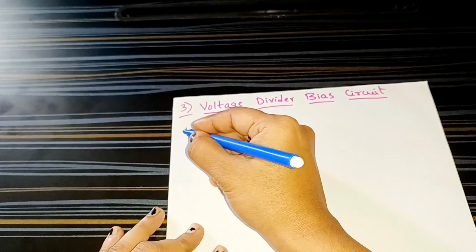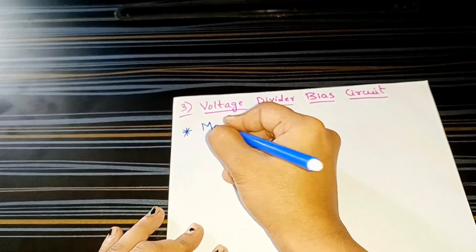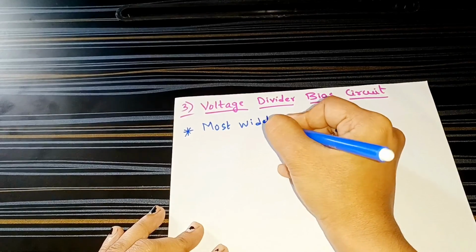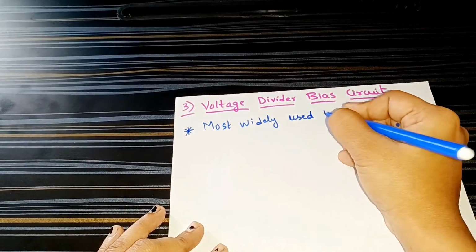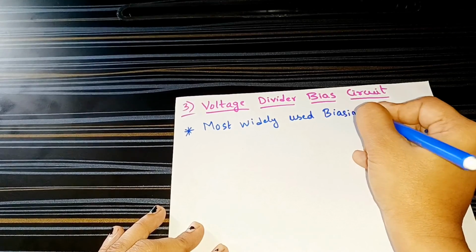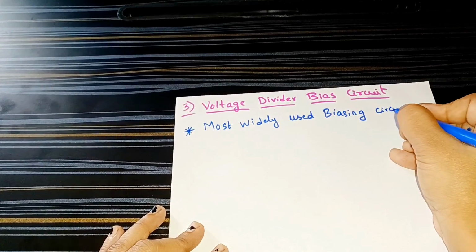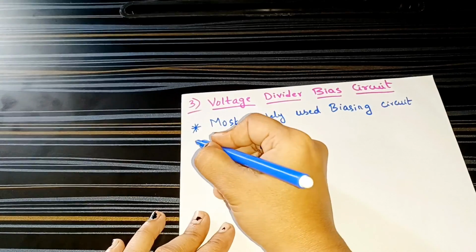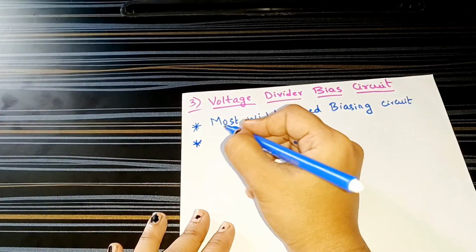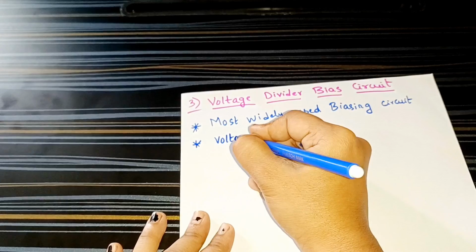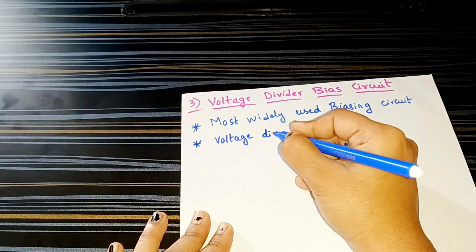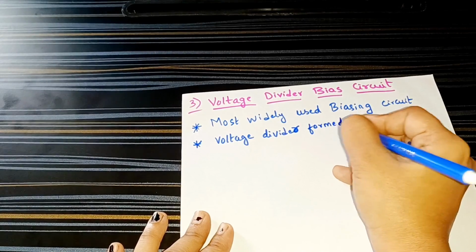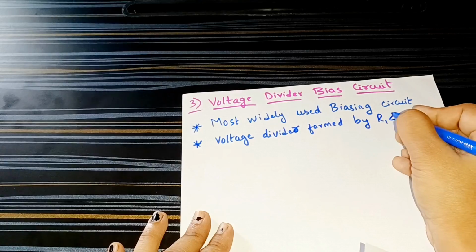This is the most widely used biasing circuit, and here the voltage divider is formed by R1 and R2.